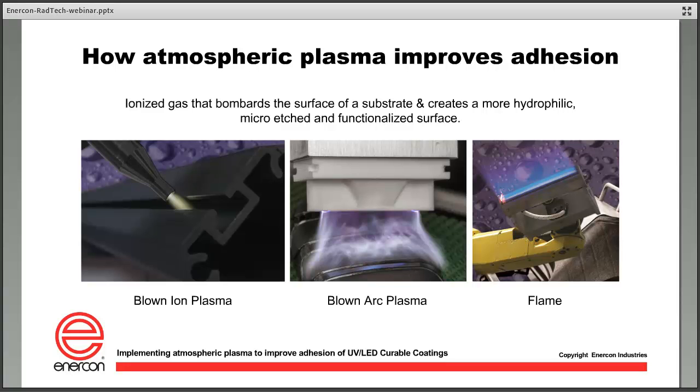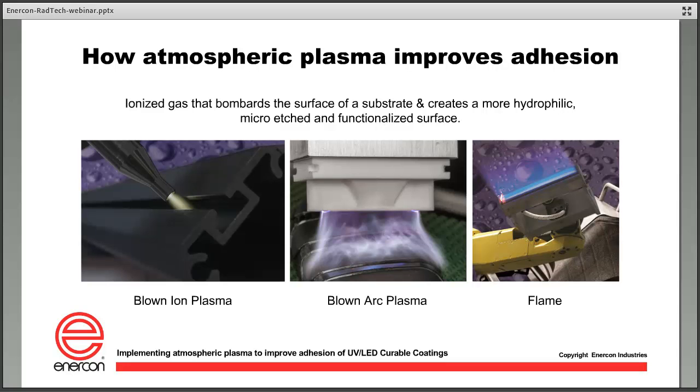They're basically broken down into a couple different types of plasma. You'll see here on your screen that you've got a photo of a blown ion plasma to the left. That is just air that's ionized, and what you see coming out of it, while it looks like a flame, is just ionized air particles that are bombarding the surface. The blown arc plasma system is a little different. You'll see a little different treatment pattern, as there are different requirements from other applications in the field.